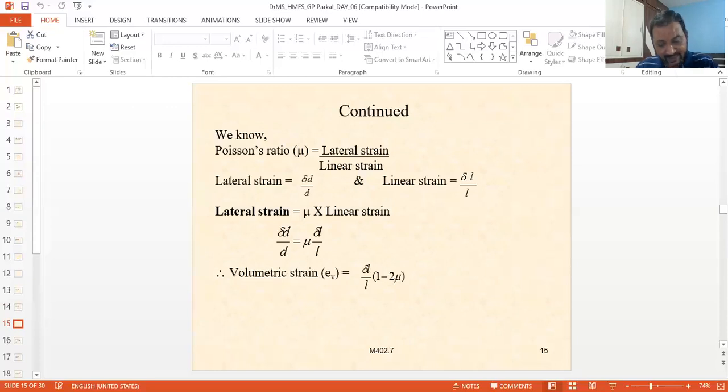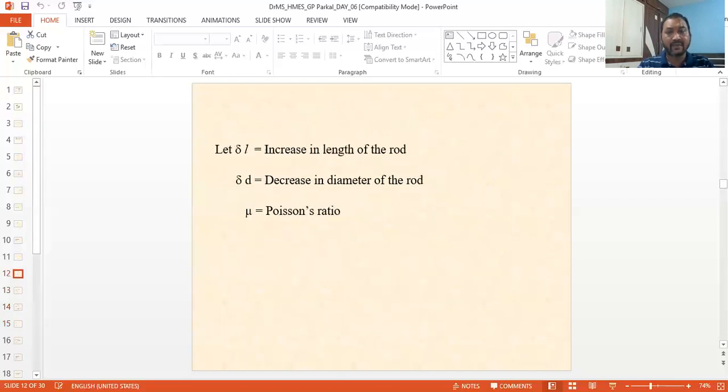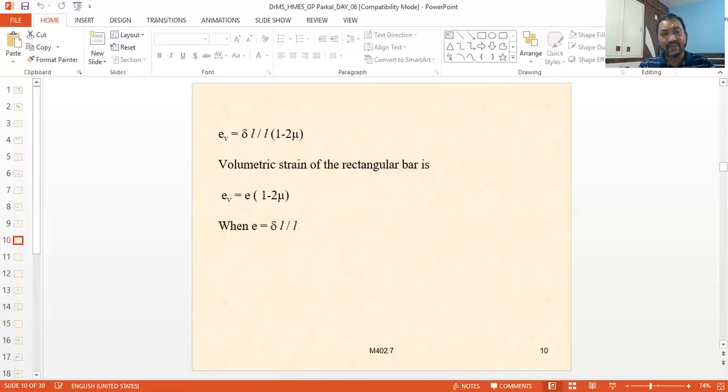Here we have to observe one important thing. We derived the equation for a rectangular bar: the volumetric strain EV is equal to E into (1 minus 2 mu), where E is the linear strain.